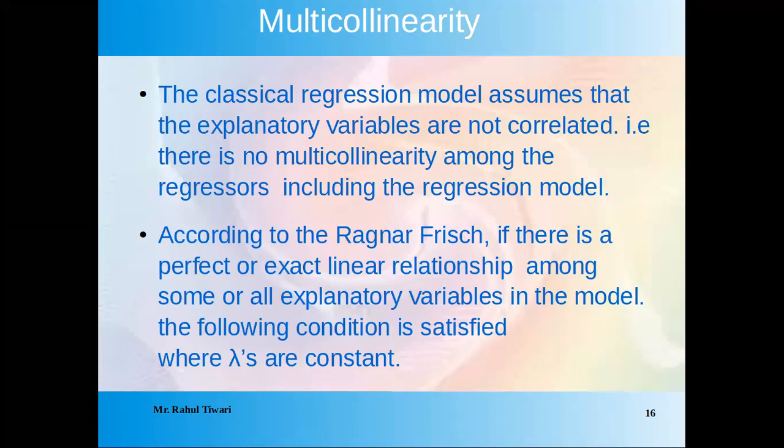This is my condition. If this linear relationship exists among the explanatory variables, then this is my relation: lambda 1 x1, lambda 2 x2, and so on, lambda k xk equated to 0. And what are these lambdas? Lambdas are constants.